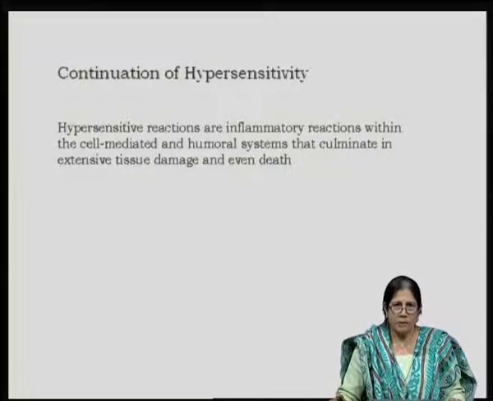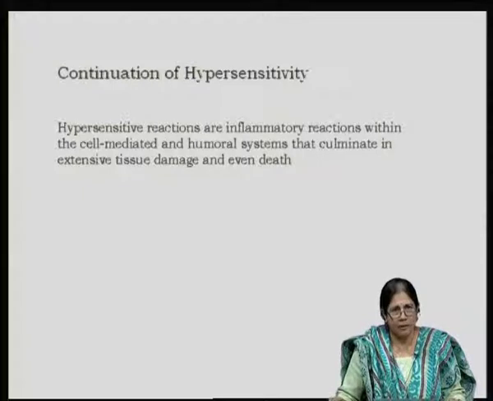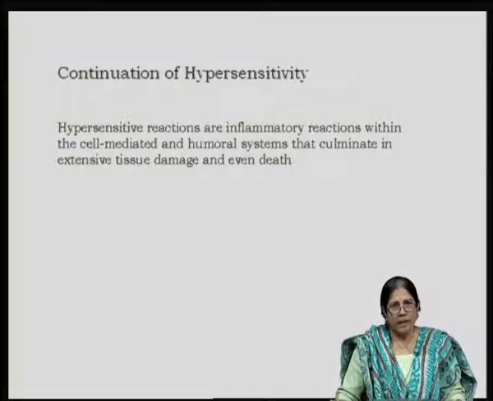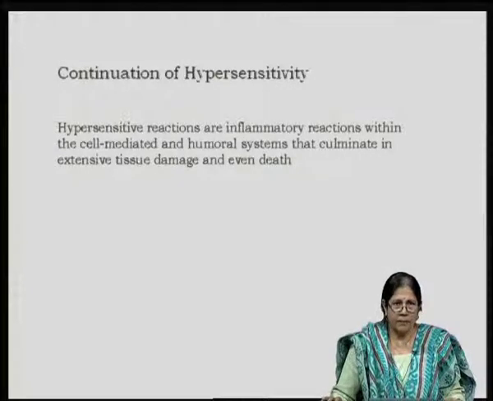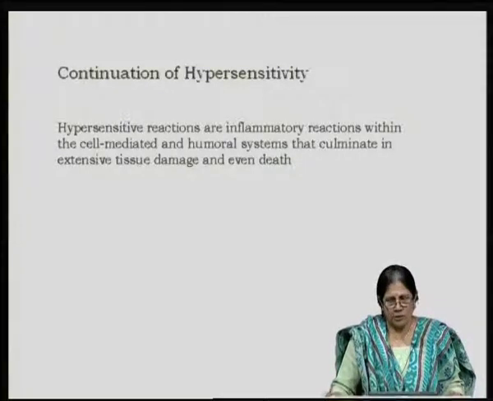Now, this helps in obliterating the pathogen. However, in certain instances, there can be a heightened immune response, which can culminate in extensive damage to the surrounding cells. This could also be systemic. The inflammation can be so much that death can ensue.